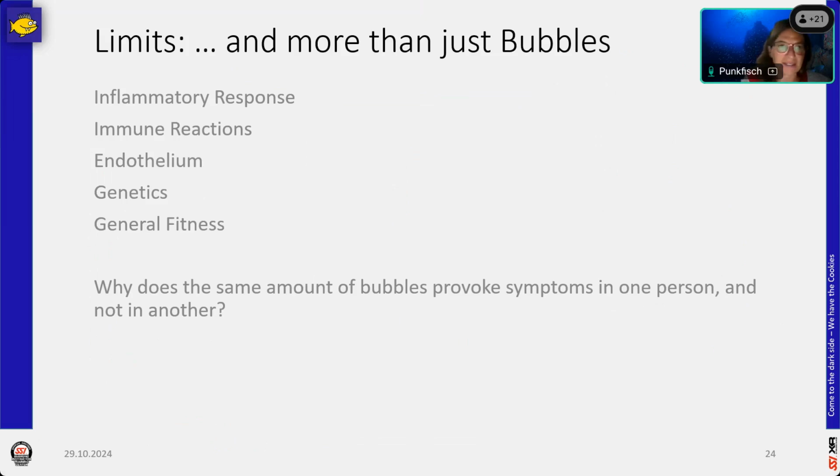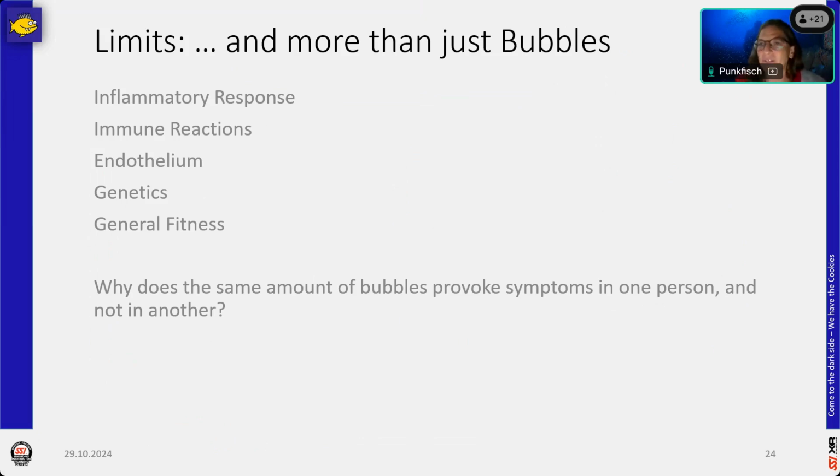So besides the fact that we have bubbles or no bubbles, or a huge amount of bubbles or less bubbles in our body after a dive, there are more reactions to the dive, and some of them are kind of normal reactions to physical activity. When we do sports, our body reacts somehow to this.